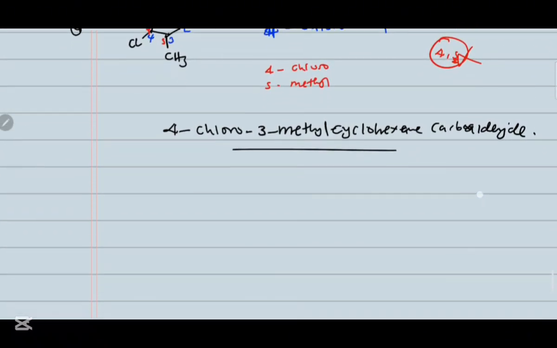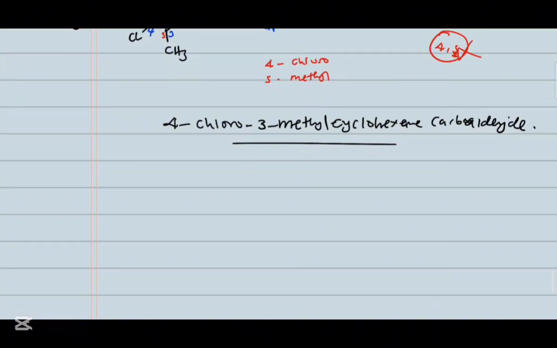Okay, now I'll give you work to try in your free time. Can you please name this one?